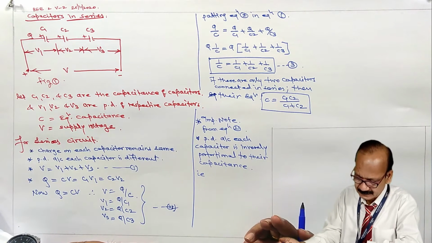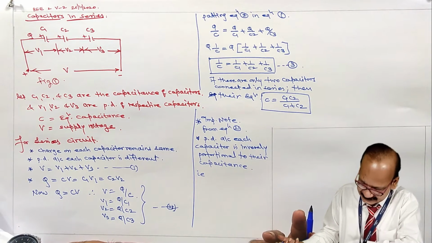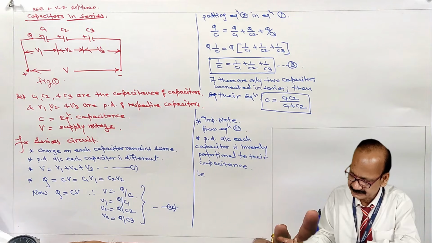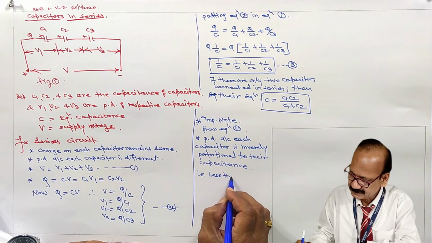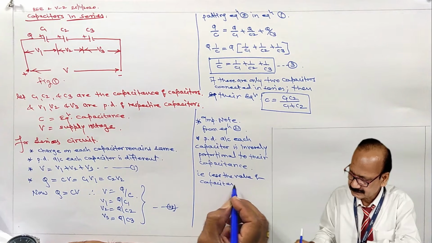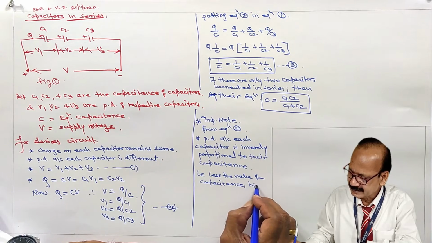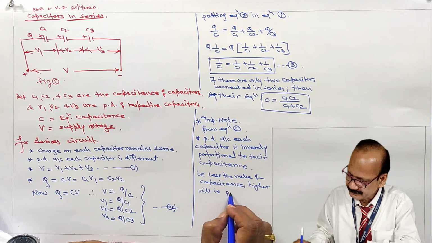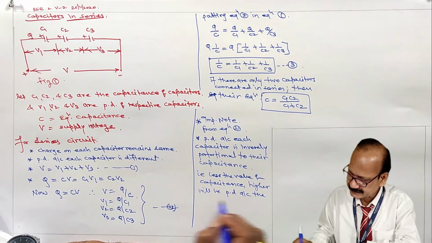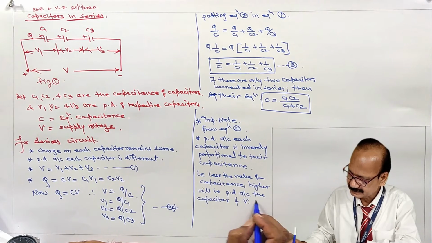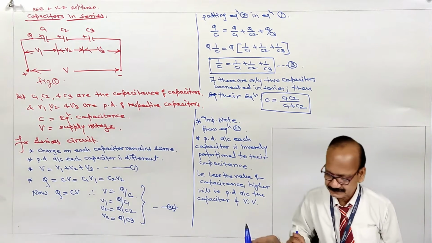That is, lesser the value of capacitance, higher will be the potential drop across that capacitor. Lesser the value of capacitance, higher will be the PD across the capacitor, and vice versa.